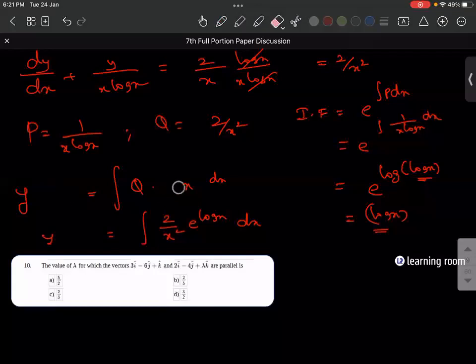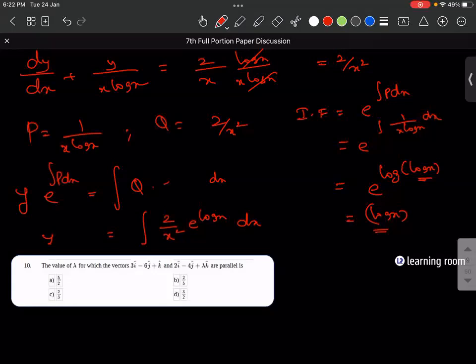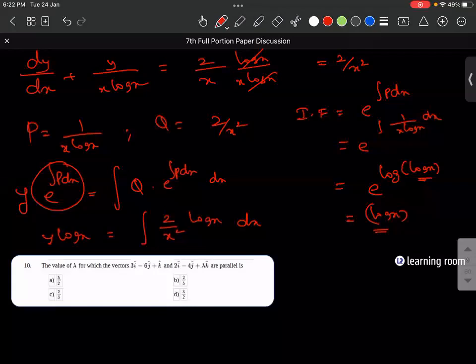So y into e power integral of p dx, which is log x. So here also it will be log x, correct? This is the integrating factor. Yes. Now, when you apply the ILATE rule here and do the by parts, what is the answer you are getting? Sir, option A, sir. Option A, correct.